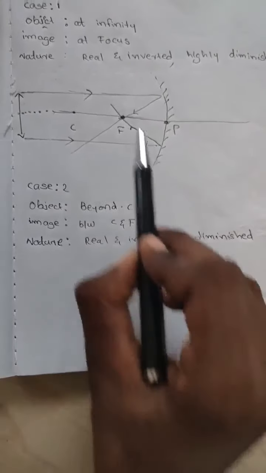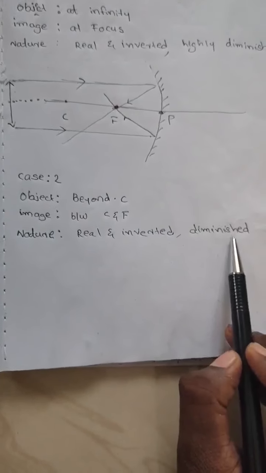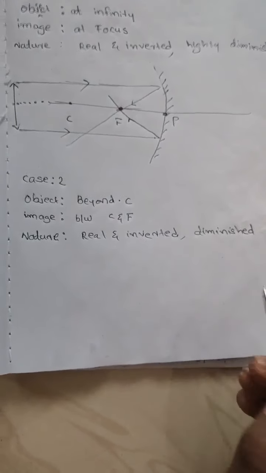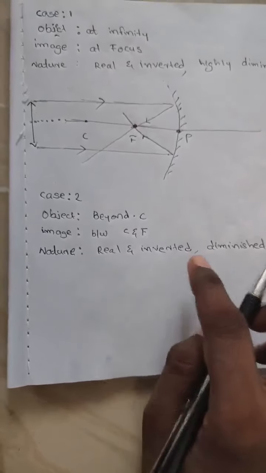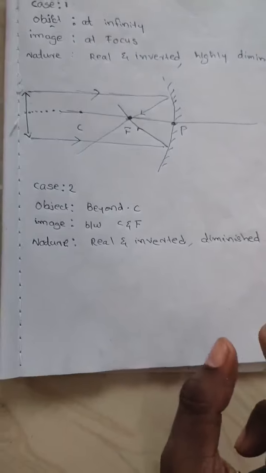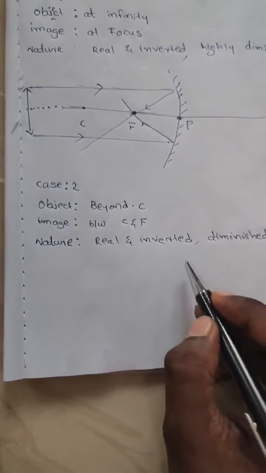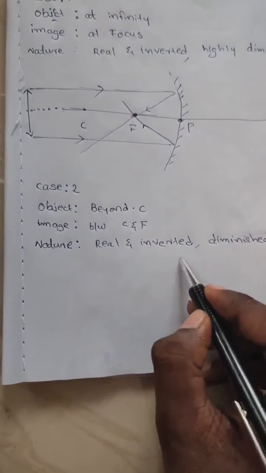Also, these two cases give a diminished image. Okay, now we are going to study how this image is formed between C and F. Look at this. In this case we are using two different rays other than this one.